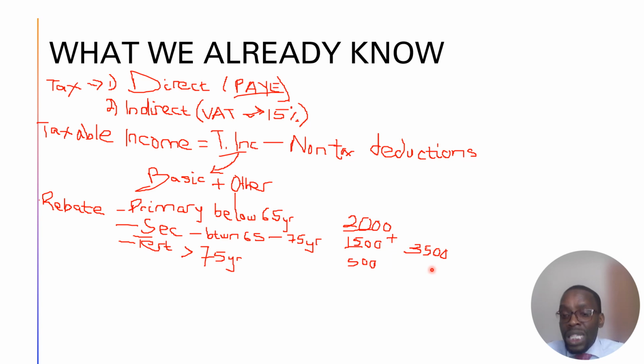Then this person qualifies for 4,000 as their rebate, as their tax relief. You understand? Okay, now let's just move on. I hope you understood that part.